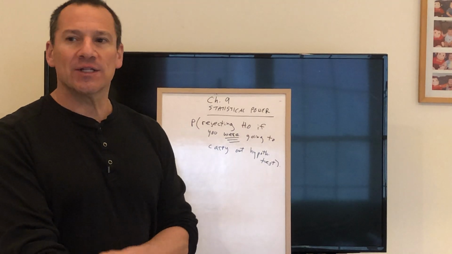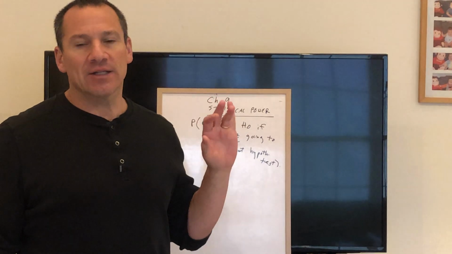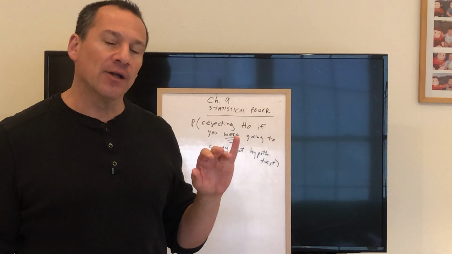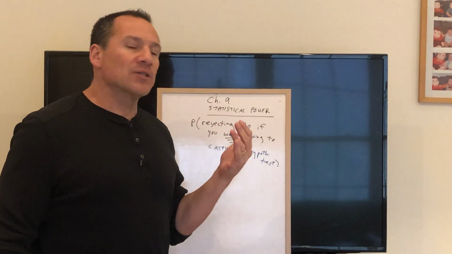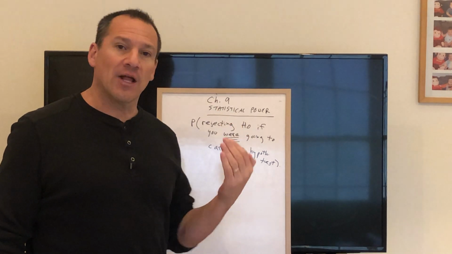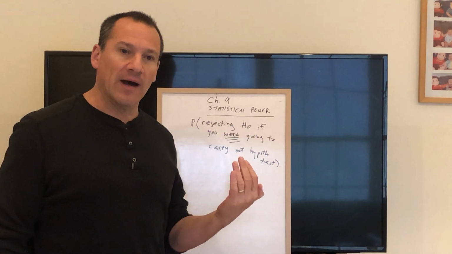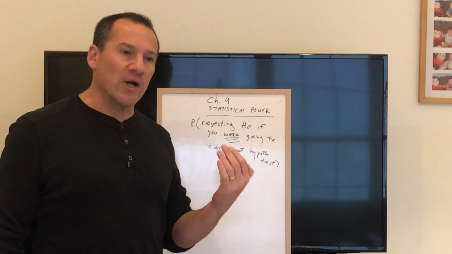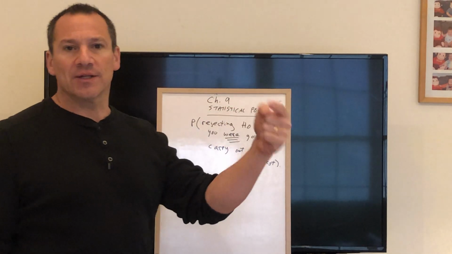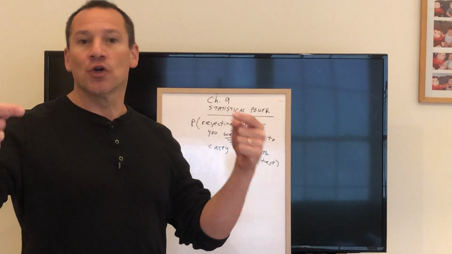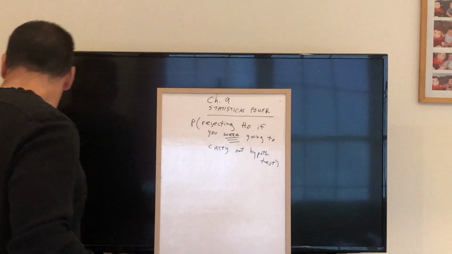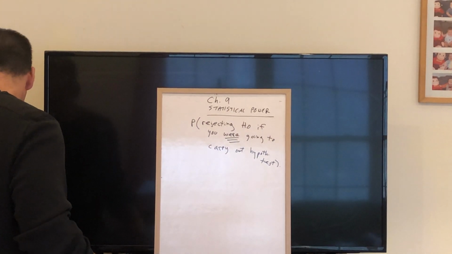So the question of statistical power is not whether you're rejecting the null hypothesis or not. Rather, it is asking the question based on your methodological design, which we'll be talking about, of whether you are likely to reject the null hypothesis if indeed your research hypothesis is correct. So that's the basic question of statistical power.